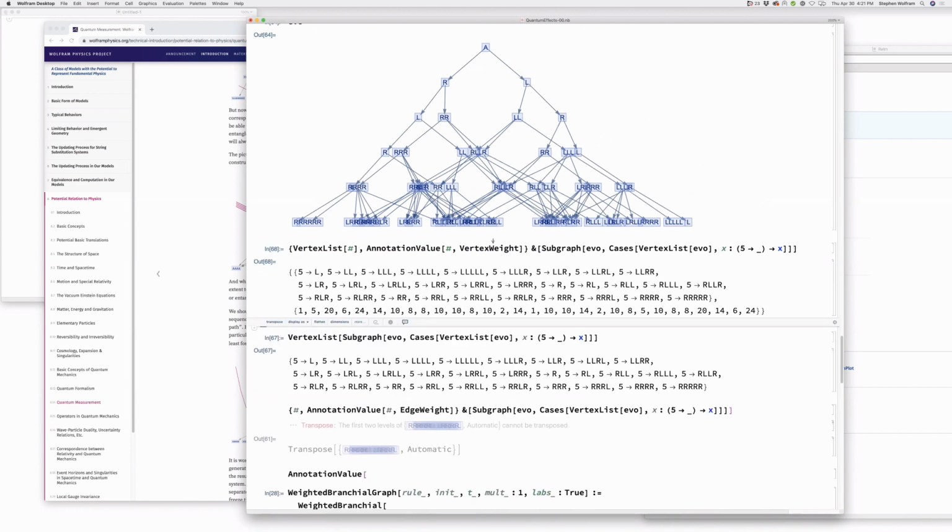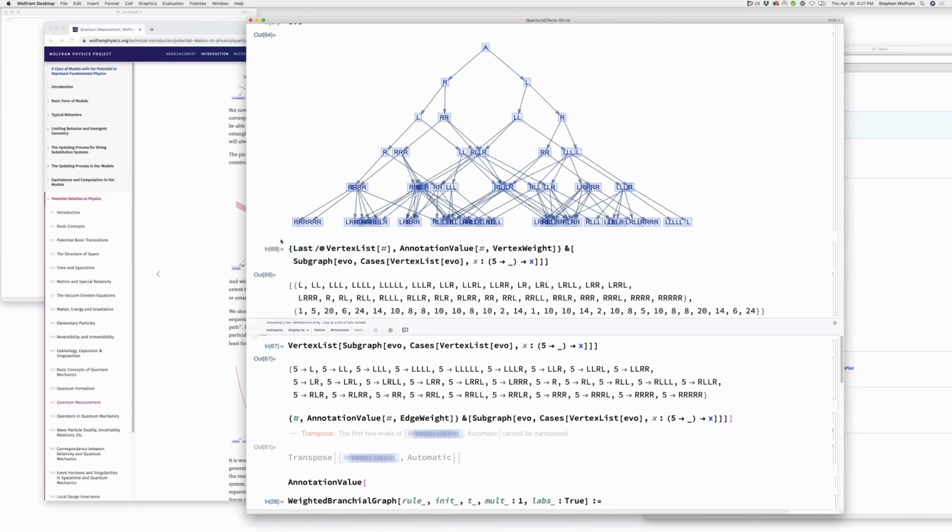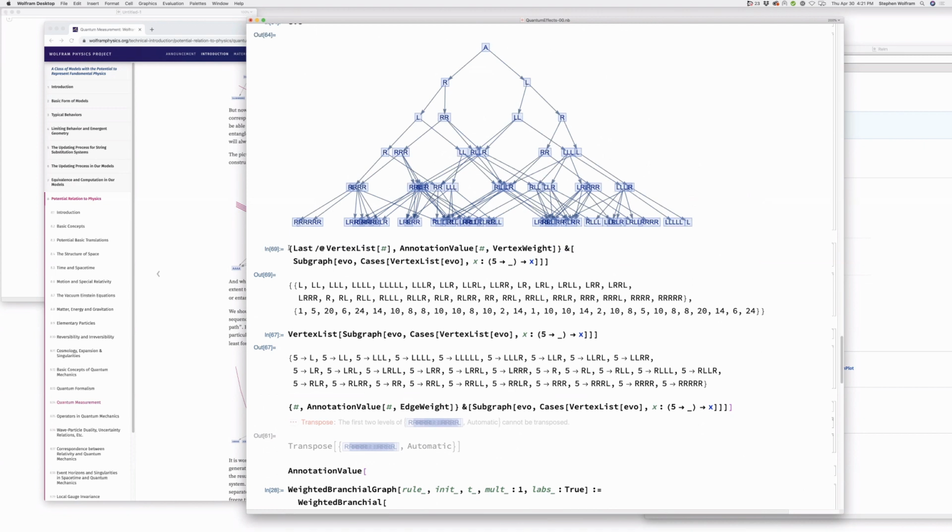Okay, and now we want to transpose that. Actually, we can just say, should we just get the L's and R's out here? Let's do a last slash at that. And then let's do a transpose of this. Well, we probably want to do a transpose. Sure, well, let's do a transpose.